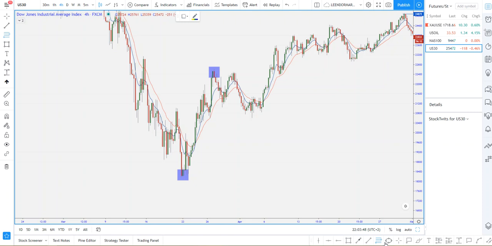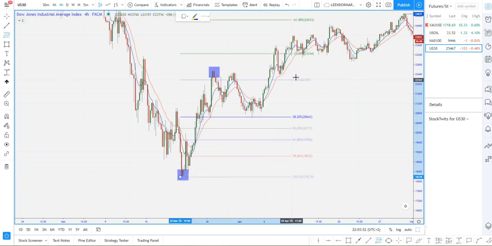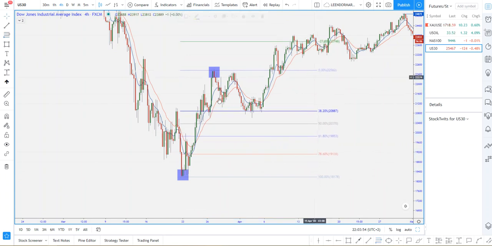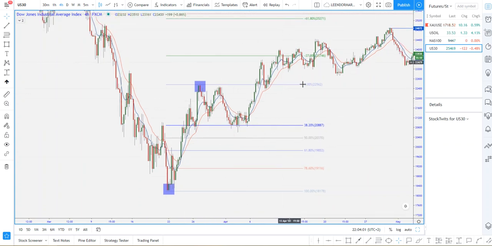Remember that everything is in confluence, right? So that level will be from the wick to the wick, and you can see how we dipped into the 38.2, right? From the 38.2 we went straight to that negative 27 target. So the first target would have been hit right over there.